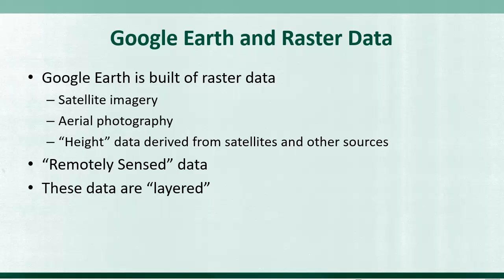Layering of data is a very important part of geographic data. In fact, geographic information systems, of which Google Earth is sort of a light form of a GIS, all use layers of data that can be analyzed together or viewed together.